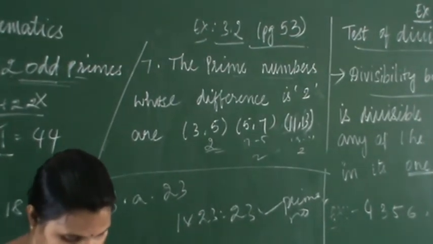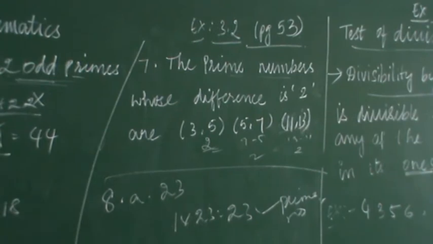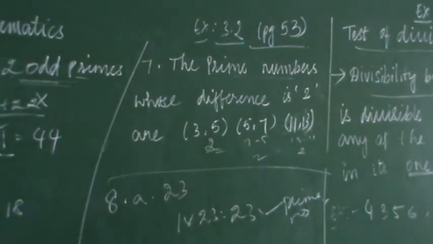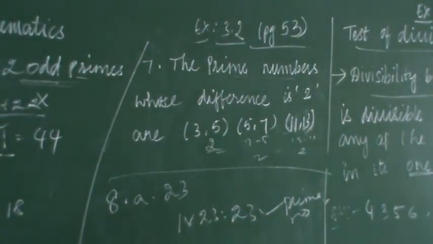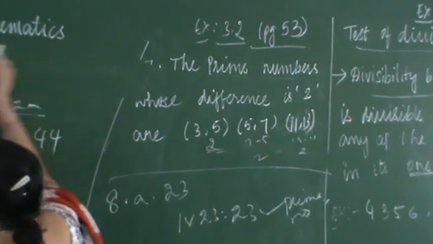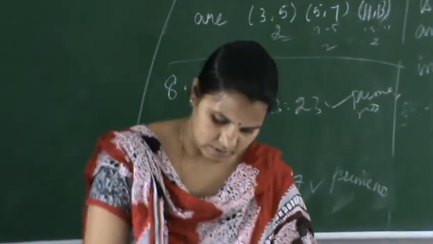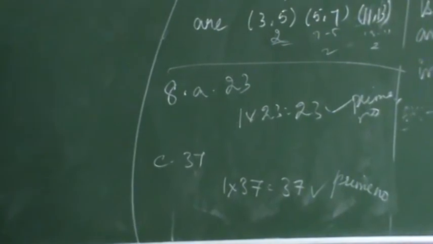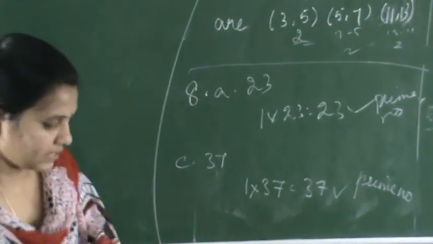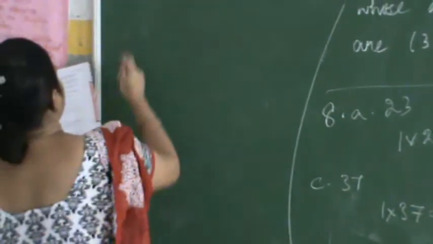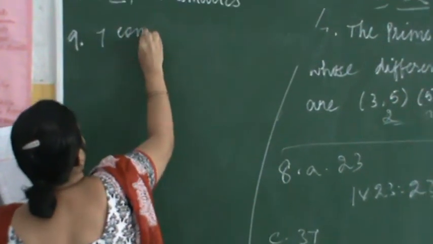Yes children, what is 91? Write 7 consecutive composite numbers less than 100 so that there are no prime numbers between them. What is he asking? He is asking us to write 7 consecutive composite numbers.